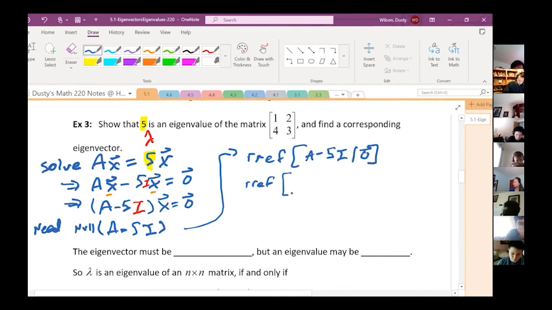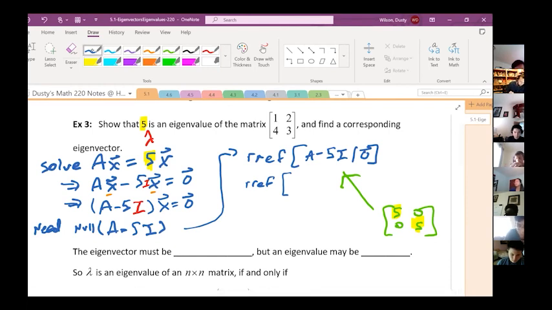Well, think about what 5I is for a second. Let me just do some scratch. This would be 5, 0, 0, 5. And so notice when we do the subtraction, we're going to take 5 away, the yellow 5, same 5 as before, from all of the diagonal entries in A.